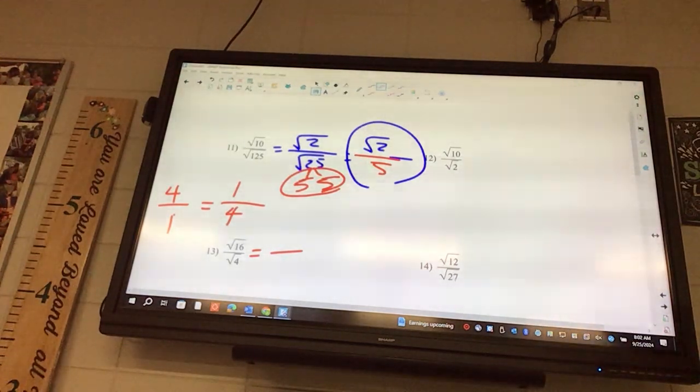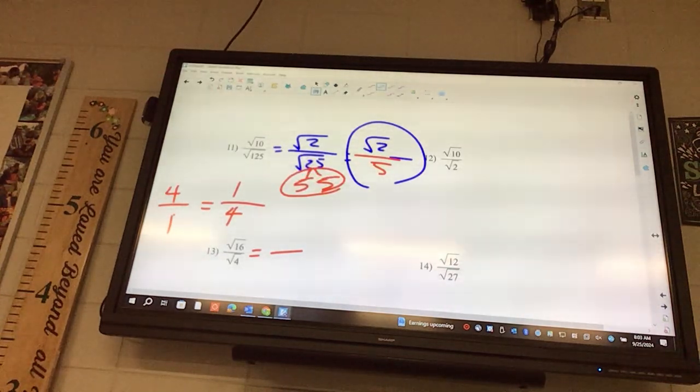Okay, 4 divided by 1. Check it on your calculator. What is 4 divided by 1? Okay, what is 1 divided by 4? Hit the SD button. 0.25.